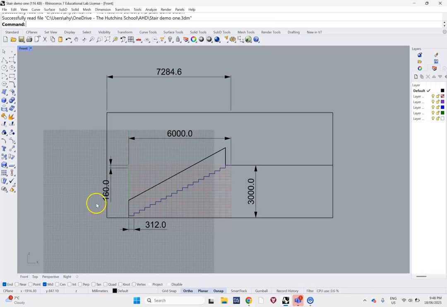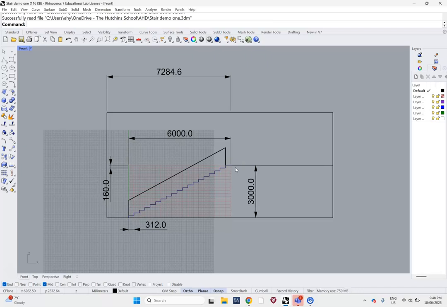Once I ascertained that was the approximate height I wanted, I divide 160 into 3,000 millimeters, remember that's your mezzanine floor level there. So I divided this into that, and that gave me the number of stairs, which I worked out to be 19.